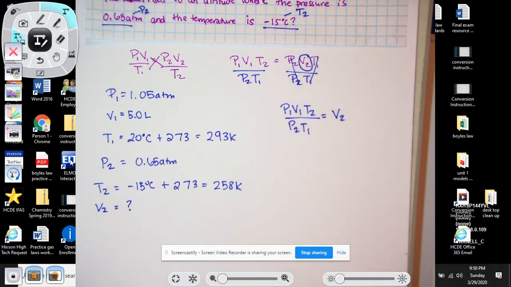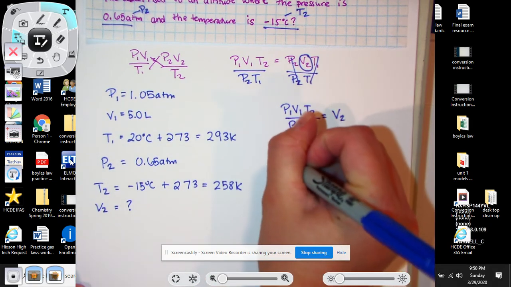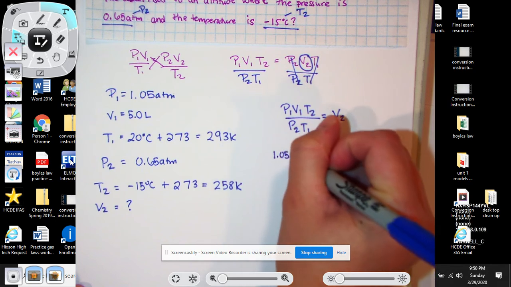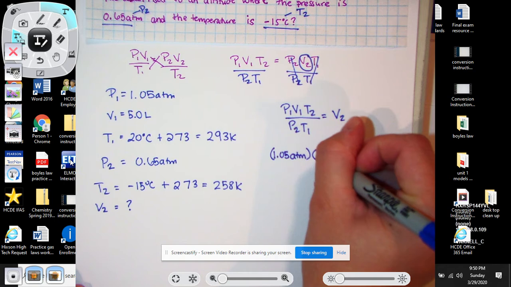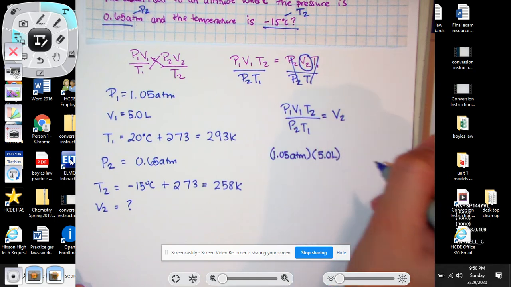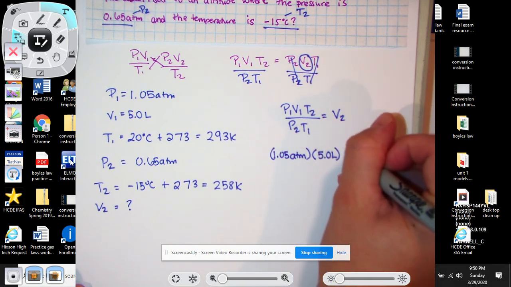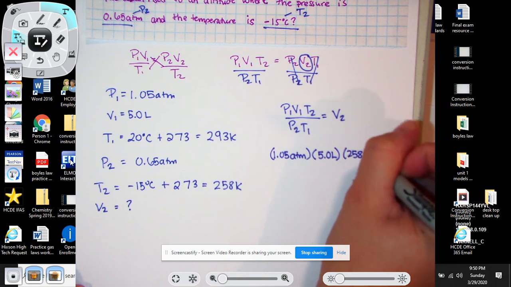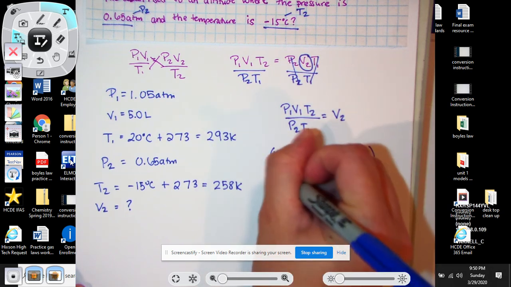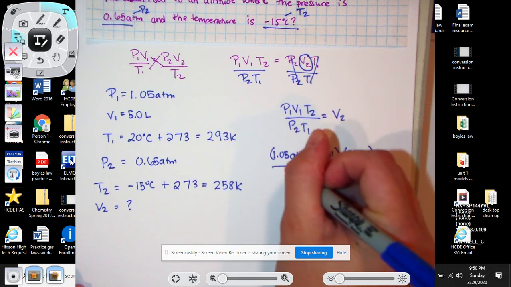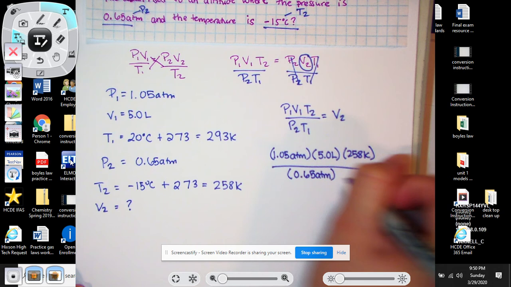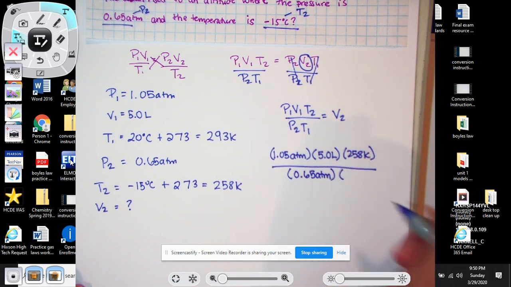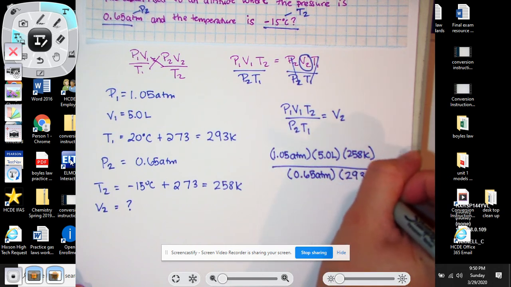And that's my problem. And from here, all I have to do is plug stuff in. P1 is 1.05 atmospheres. V1 is 5.0 liters. T2 is 258 K divided by P2, which is 0.65 atmospheres, times T1, which is 293 K.